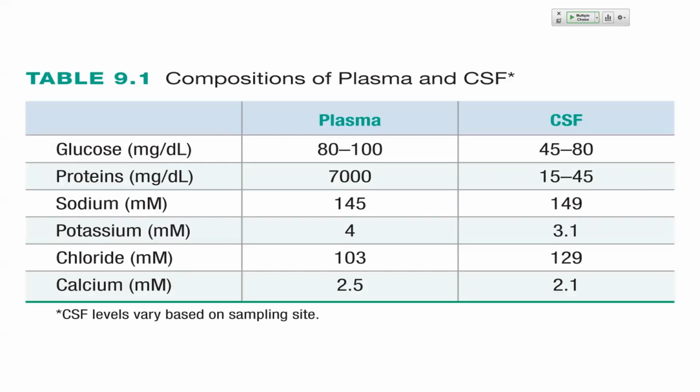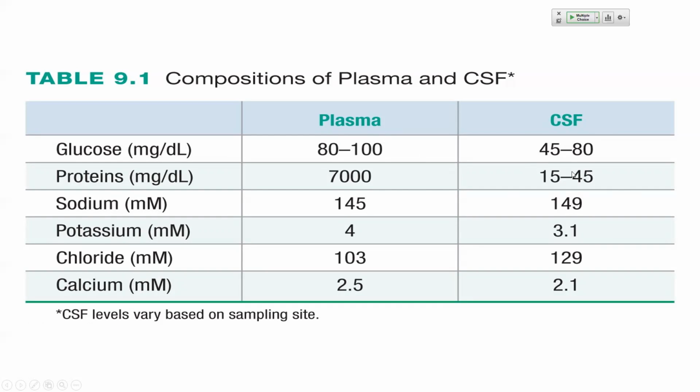Now, this table compares plasma to CSF. And what I really want to point out here is the different proportions of certain substances that's found in plasma and CSF. So there's a lot of proteins present in plasma and very little protein in the CSF. Likewise, glucose. So we've got lots of glucose in plasma, but very little glucose in the CSF.